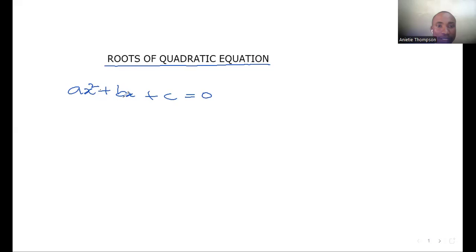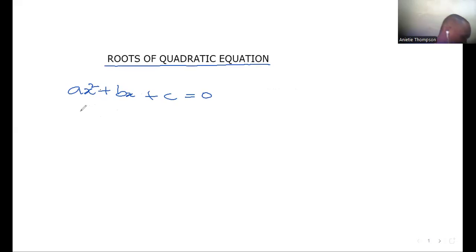Then b is the coefficient of x, and c is a constant, also known as the y-intercept. If we plot a graph, you see the c appearing where the curve passes through the y-axis. But that's not what we want to talk about today.